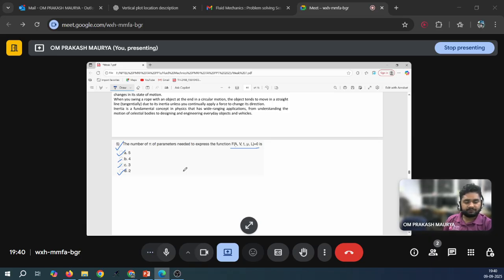Very important question. This type of question you can expect in the final exam or GATE exam also. The number of pi parameters needed to express the function of this.